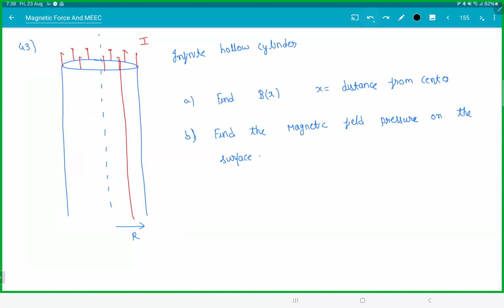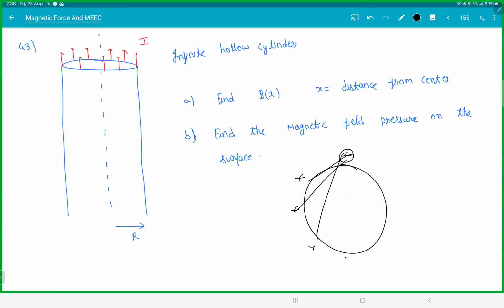The same happened in electrostatics: when you had positive charge, each charge was getting repelled by all the remaining charges, which generated pressure on the surface. So an infinite hollow cylinder is infinite parallel current wires, and parallel wires do attract. When they attract, the cylinder is trying to compress. So if you can send enough current, you can just collapse this.